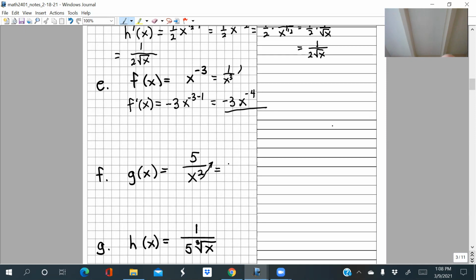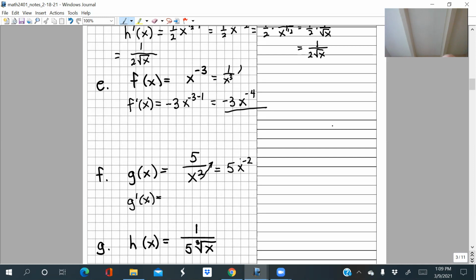So 5 over x squared means 5 times x to the -2 power. So get this x out of the denominator first by changing the sign of the exponent. Now you can find the rate of change function just by using the power rule. So you cannot use the power rule here, but you can use the power rule when you bring the x squared up to the numerator.